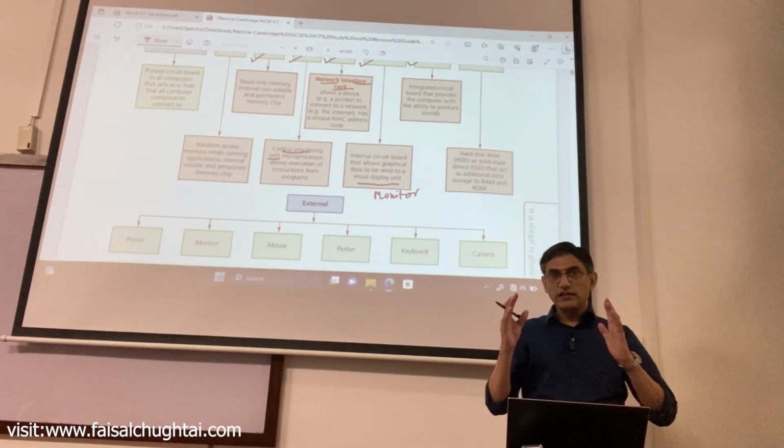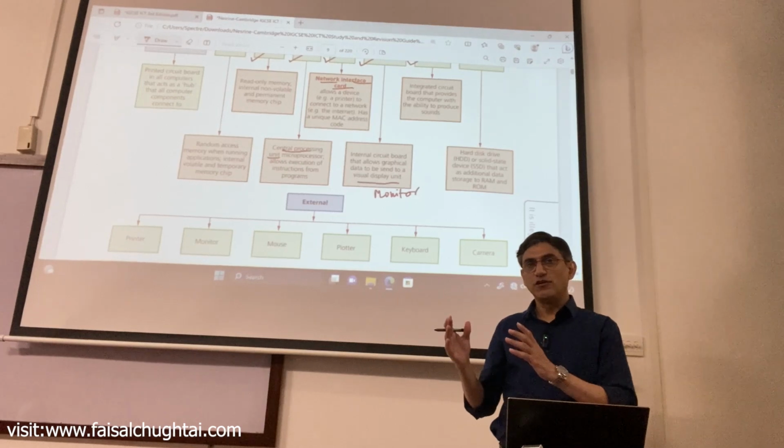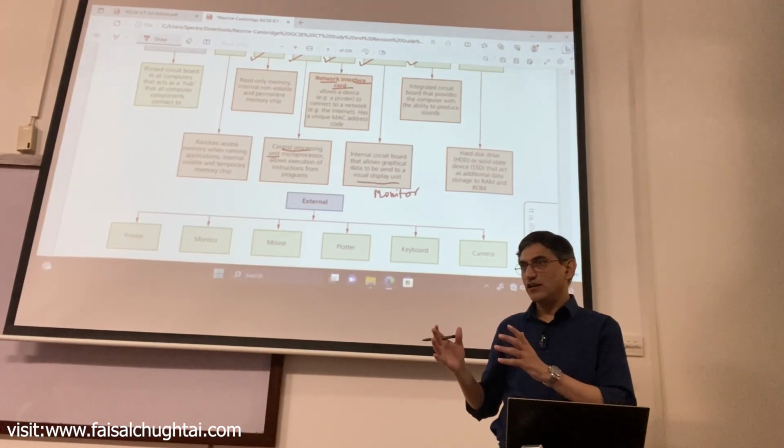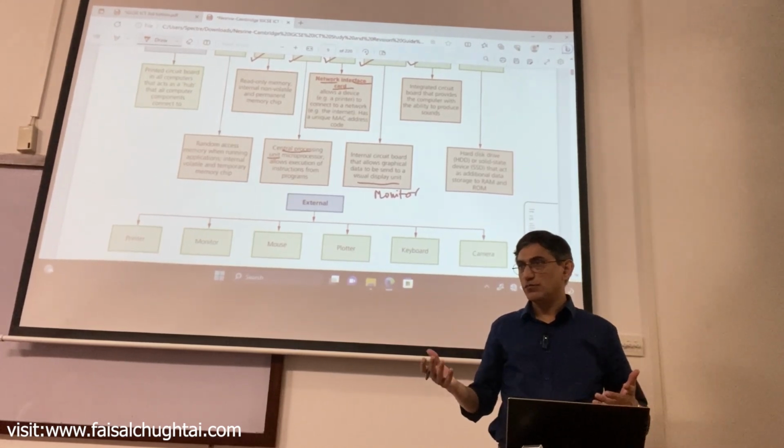So that is why gaming PCs have those very special types of hi-fi graphics cards, without which you will not be able to play a lot of games properly.